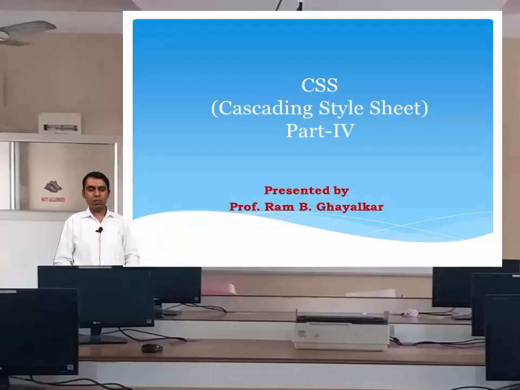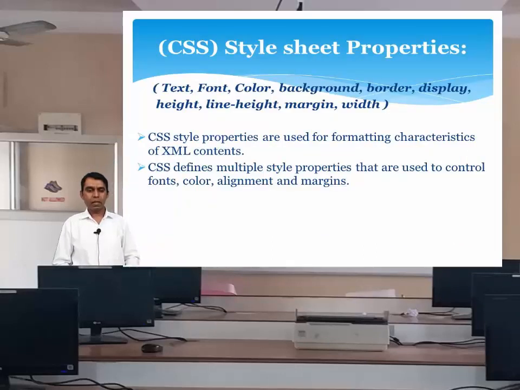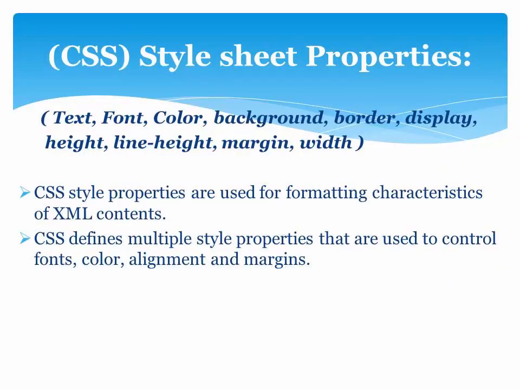In this session we will first discuss the text, font, color, background, border, display, height, width, line height and margin properties. So what is CSS? CSS style properties are used to format the characteristics of XML content.